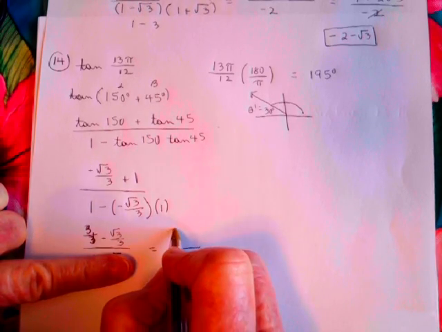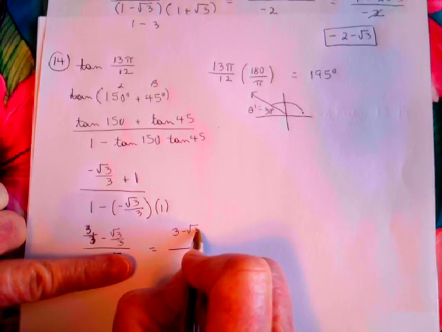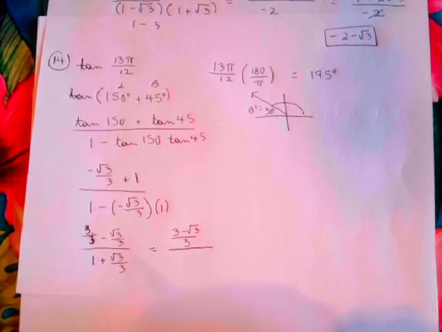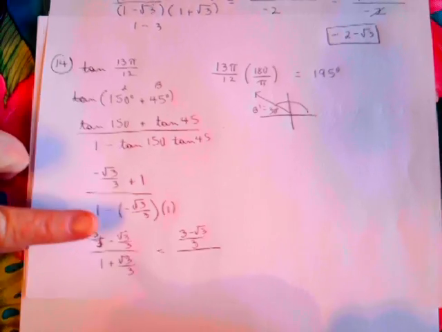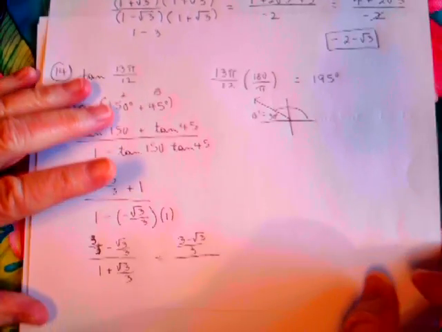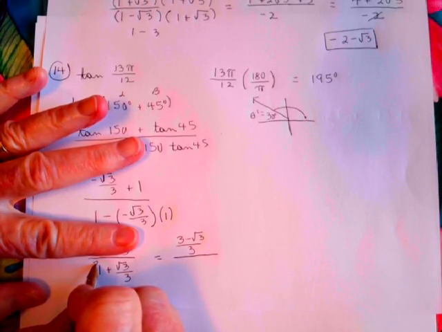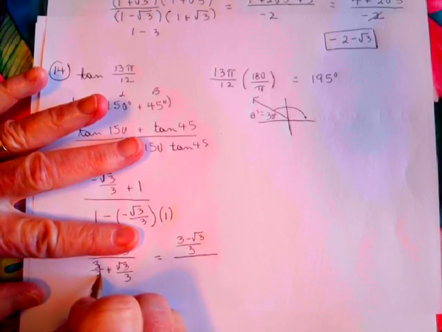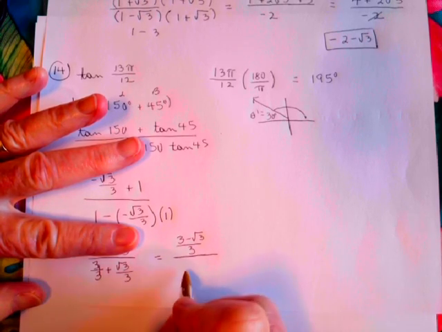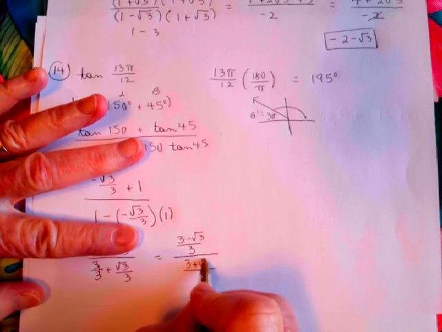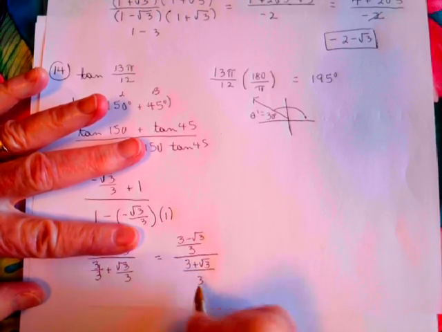So I have 3 minus the square root of 3 over 3 in the numerator. In the denominator, I'm rewriting this 1 as 3 over 3 so that my denominator becomes 3 plus the square root of 3 over 3.